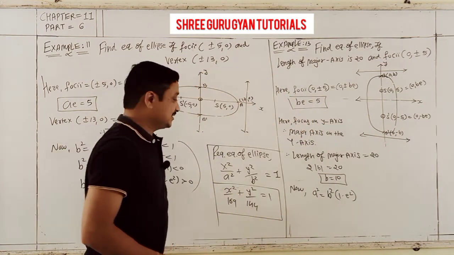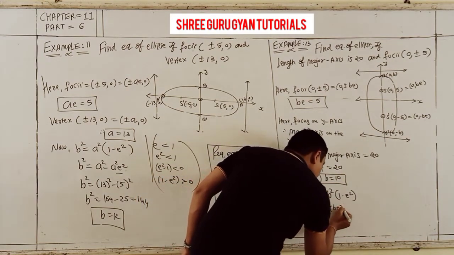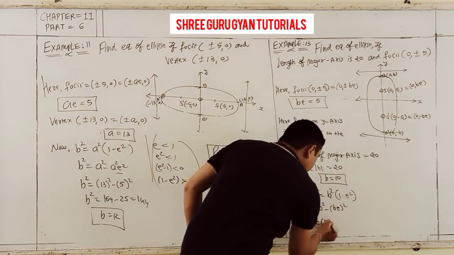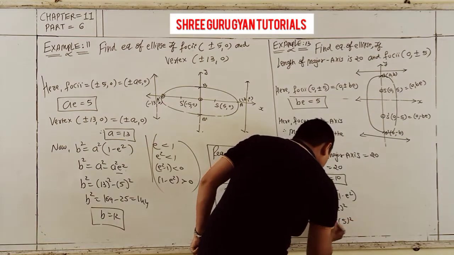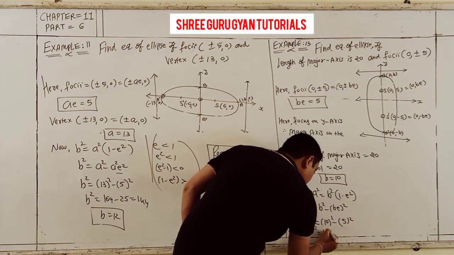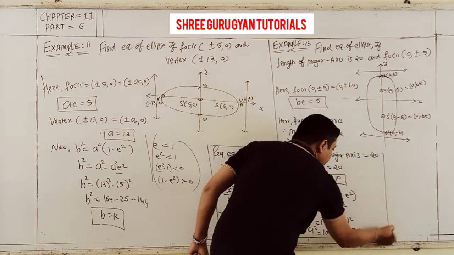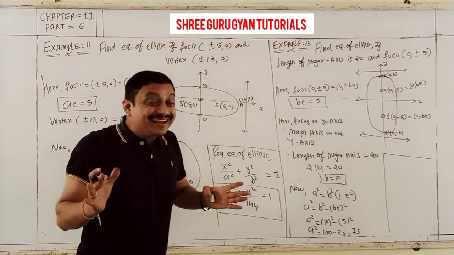So a square is equal to b square, where b is 10 and the focus value is 5. That gives 100 minus 25, which is 75. Finally, my numerical is easily done.